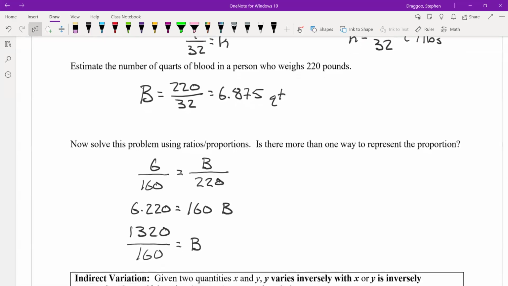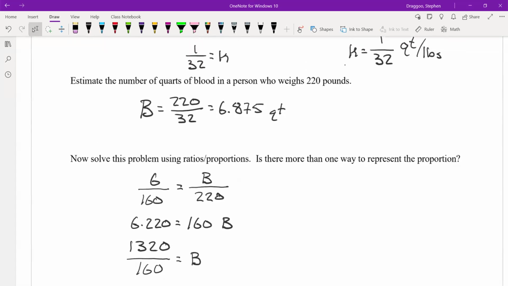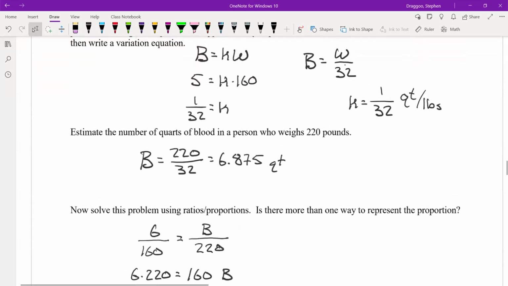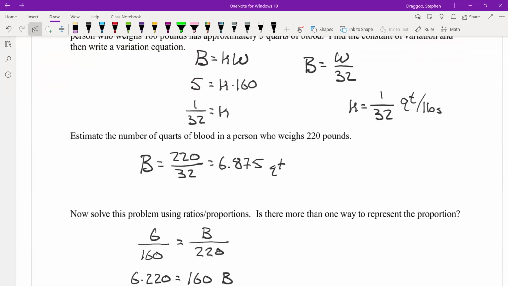Why did I get a different number when I plugged that into my calculator? Did I calculate K wrong?